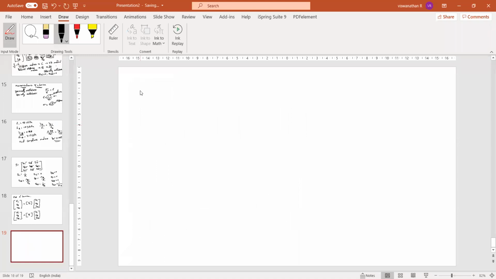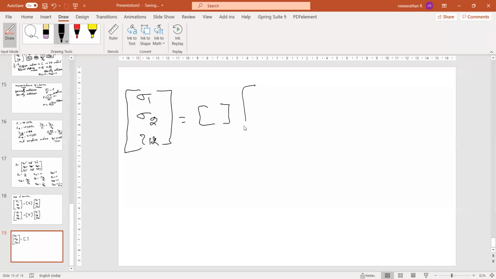And then I have sigma 1, sigma 2, tau 1 2 is equal to some matrix multiplied by sigma x, sigma y, tau xy. What comes here?